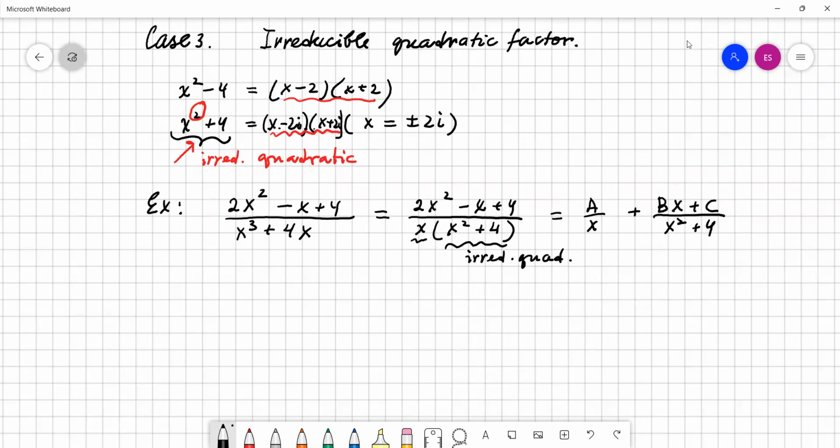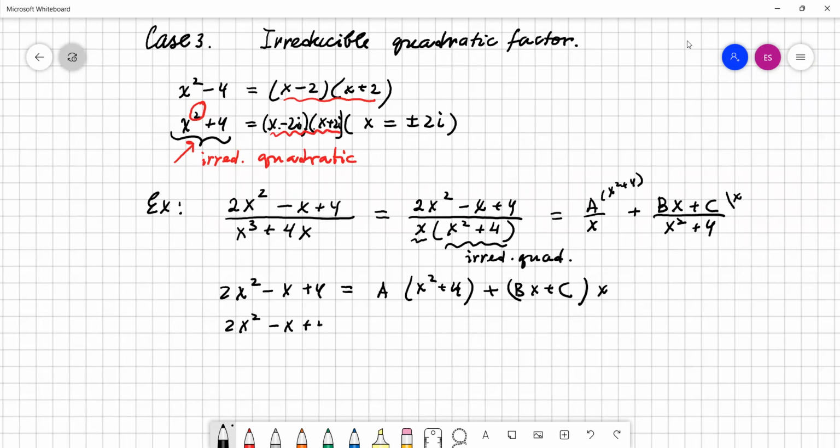So we bring it to a common denominator. I'm going to write down 2x squared minus x plus 4 on this side. And on this side, the common denominator is x squared plus 4 missing here and x missing here, right? So A(x squared plus 4) plus (Bx plus C) multiplied by x. Here, guys, I'm going to open parentheses.